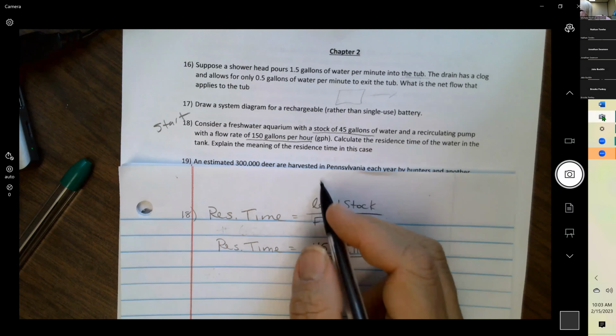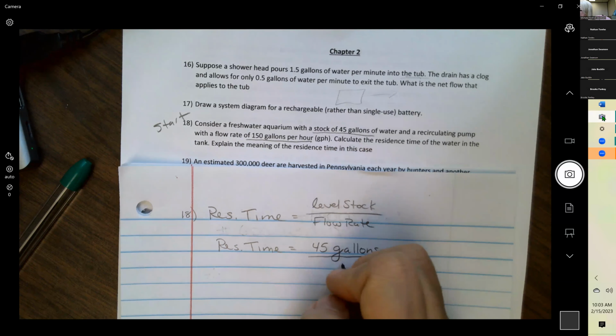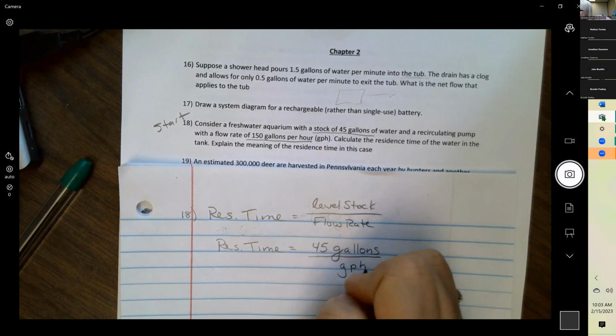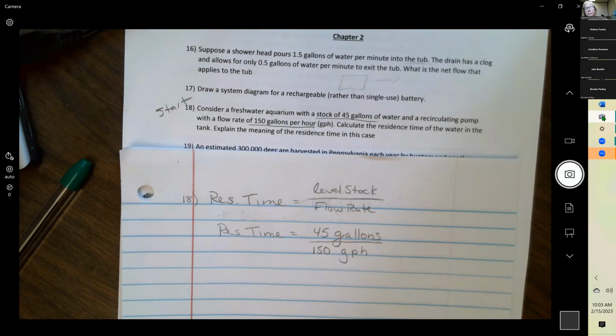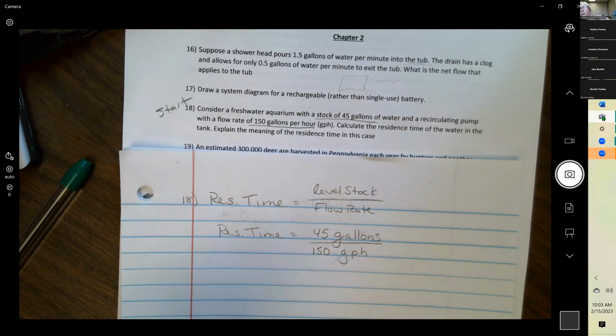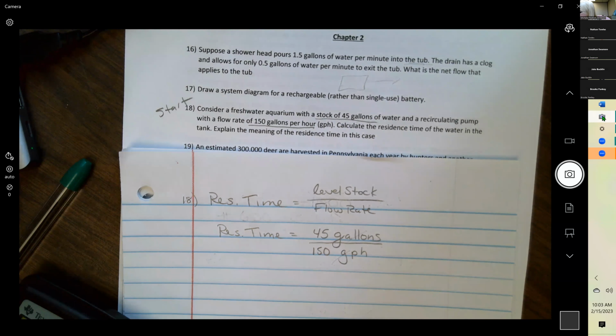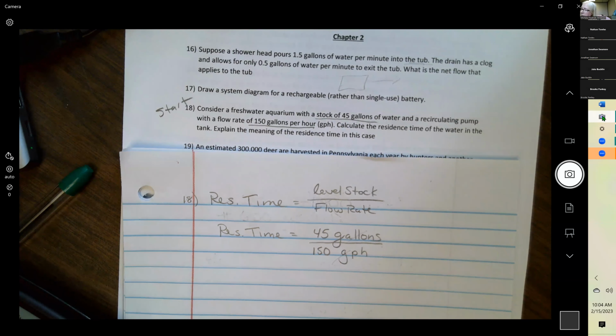And the flow rate was gallons per hour, and it was 150. The gallons will cancel and it'll leave per hour. So if we take 45 divided by 150, you should get 0.3.